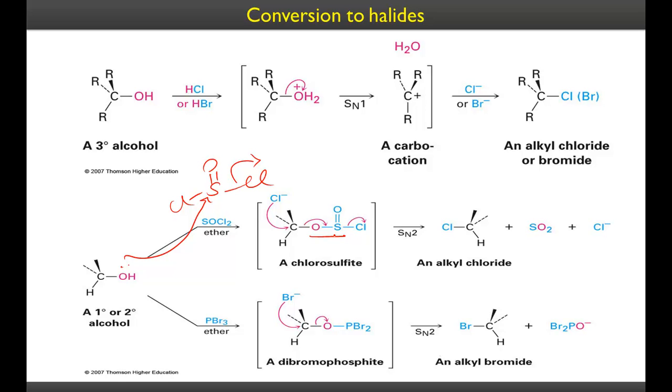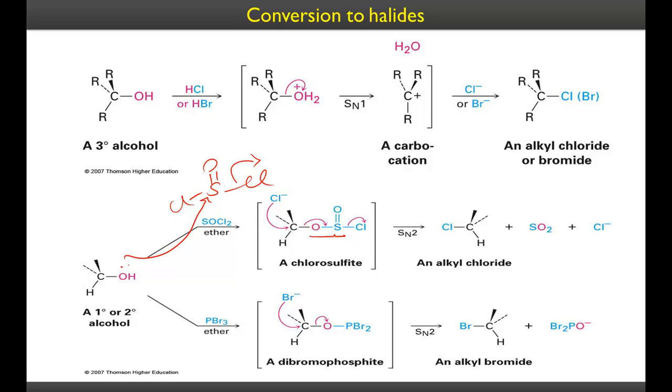Once you donate these electrons to sulfur, the bond forms between oxygen and sulfur, chloride takes off, and the whole species leaves. And that chloride comes back and attacks the carbon, and then this whole thing is removed. The advantage of this reagent is that sulfur dioxide, the gas, leaves, so we don't have to worry about it. We convert alcohols into chlorides.